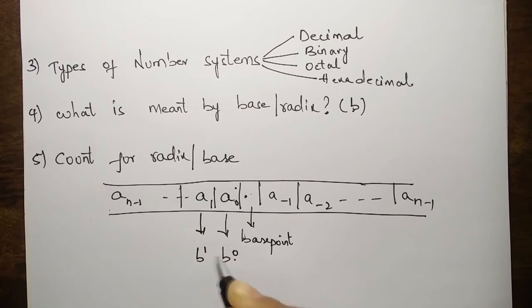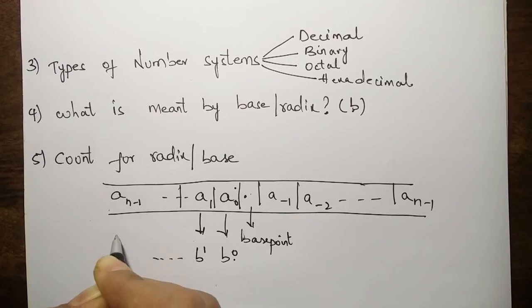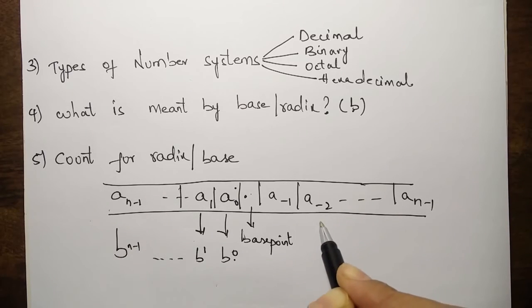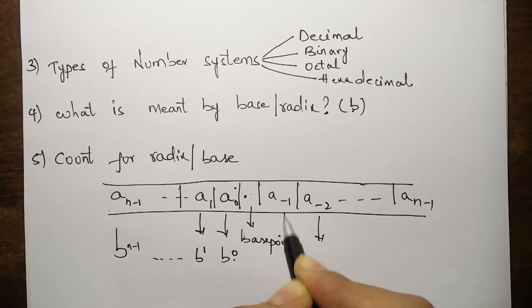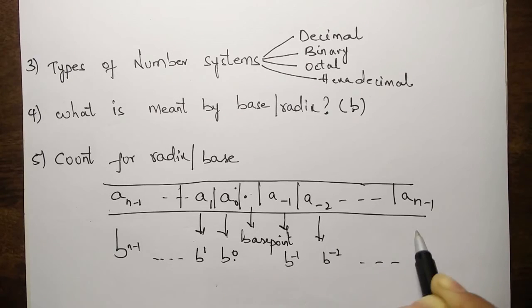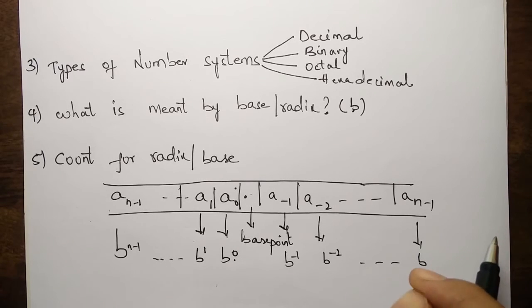These numbers carry some base values, and because of that they have some weights. That is why they are called a positional number system, because the position of each digit carries some weight depending upon the base value.